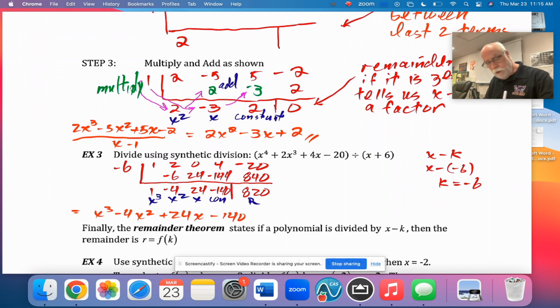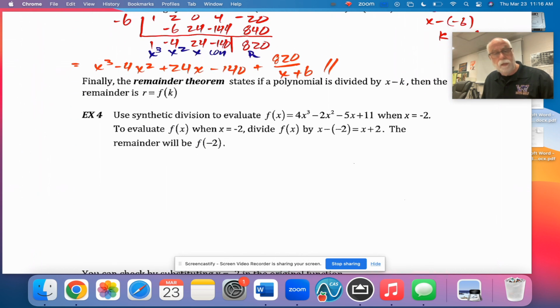But on this one here, we did have a remainder of 820. And remember, we put our remainder over our divisor, which in this case was x plus 6. All right, one more thing here, ladies and gentlemen, and we'll be good to go.